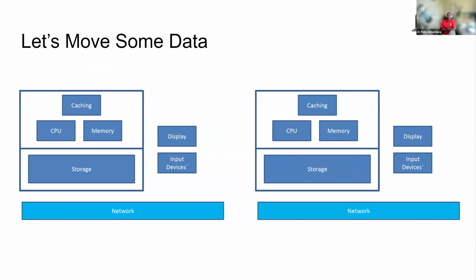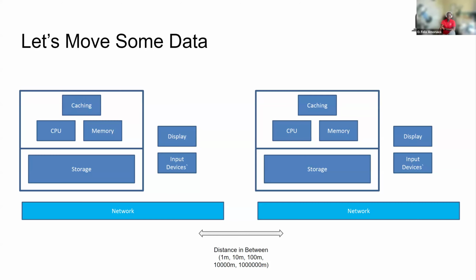Now, if we put two systems together, or n number of systems together, let's assume that they're built identically, you essentially have a network that could be established between n number of systems. If we wanted to move data from one system to another, the open question becomes: what's going to be the means by which we can move data from one system to another?